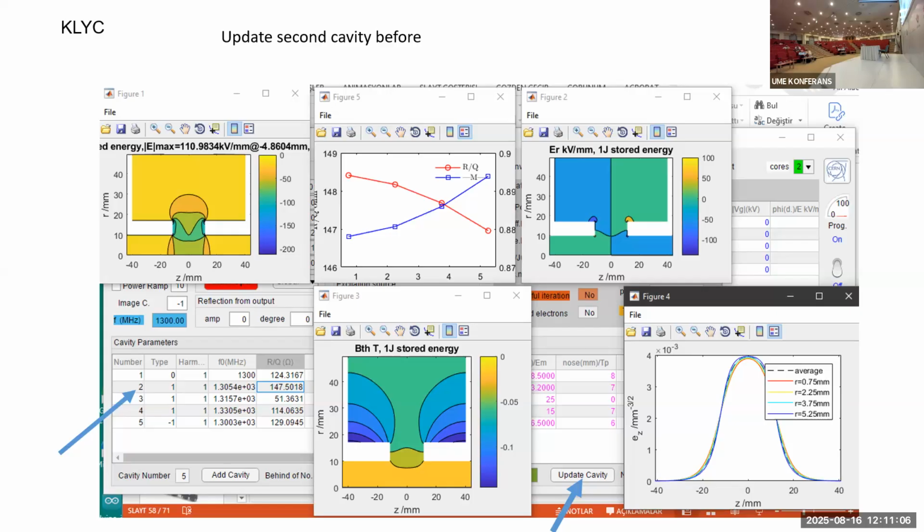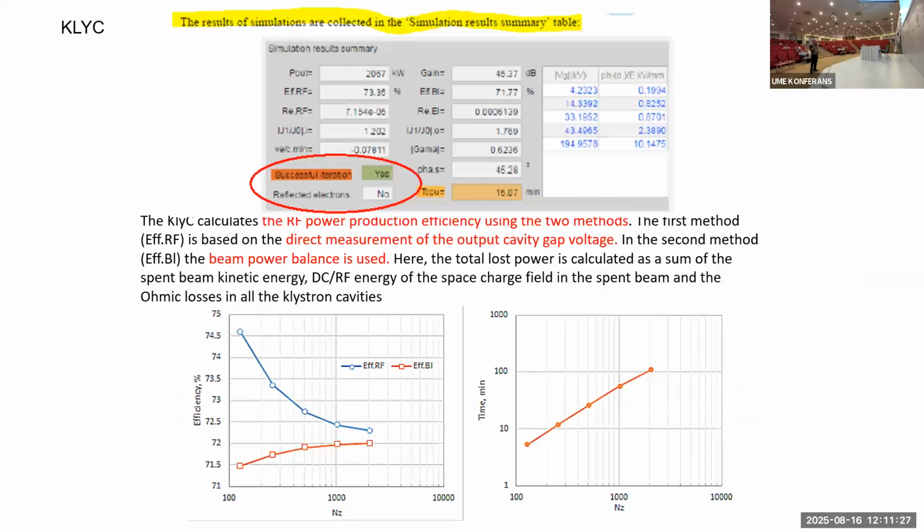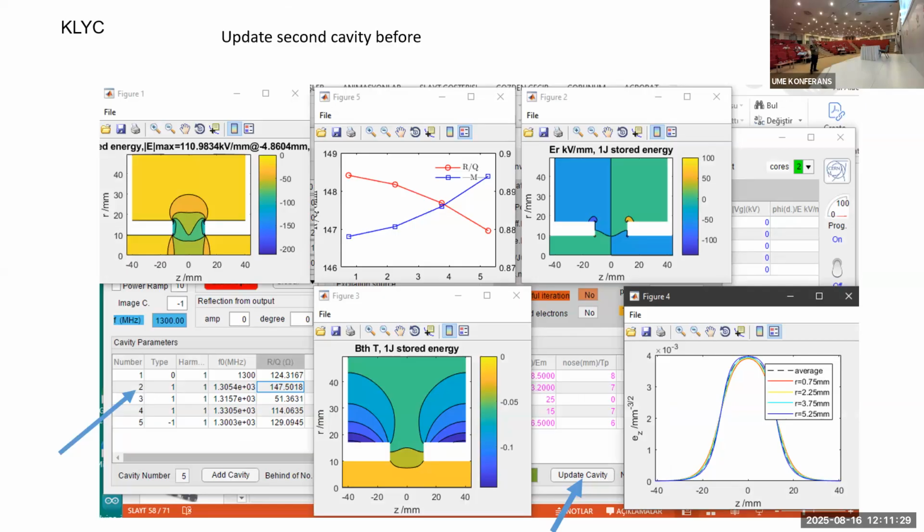All were related with the fields, stored energy, and other things. That's the field, that's the field stored energy. You can check before the simulation.